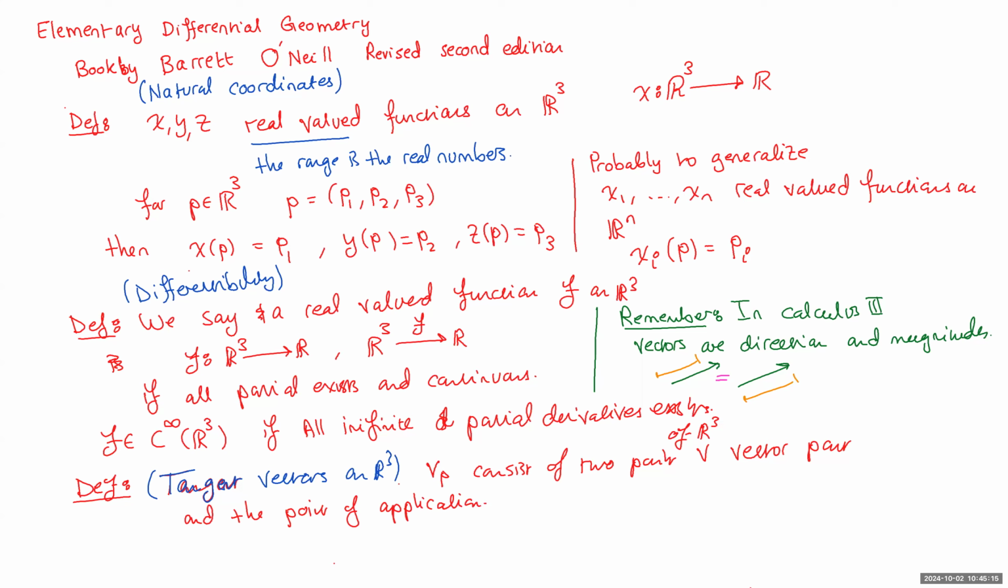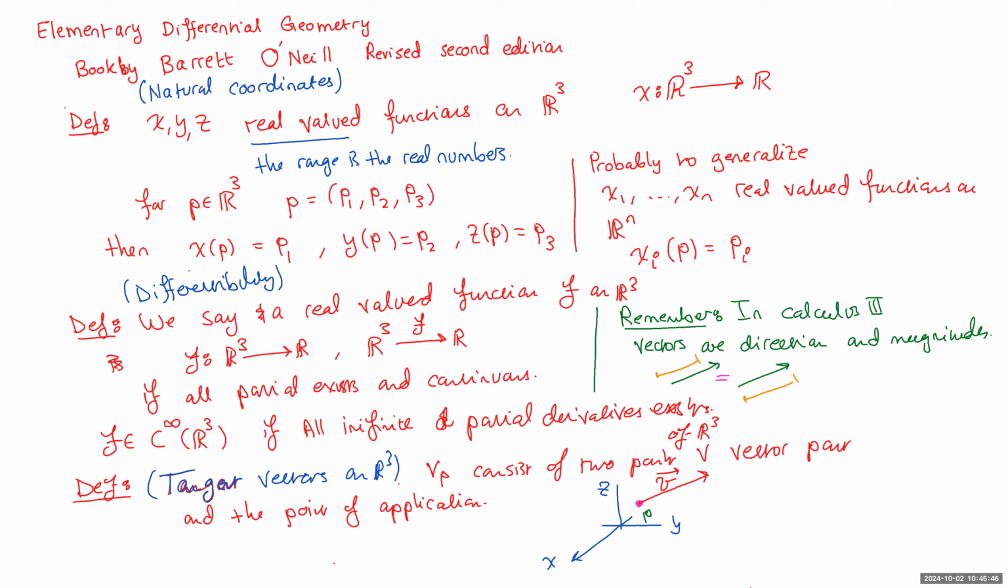So this is x, y, z. We have a point, say here. This is P, and the vector is going to be whatever. So this is the vector. Usually in Calc 3 we tend to use an arrow, but here we will drop that.